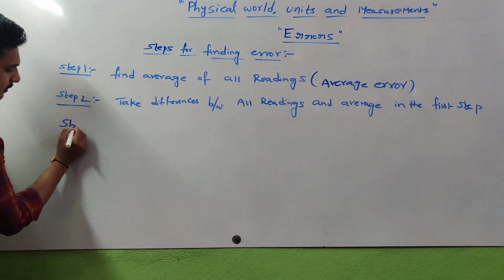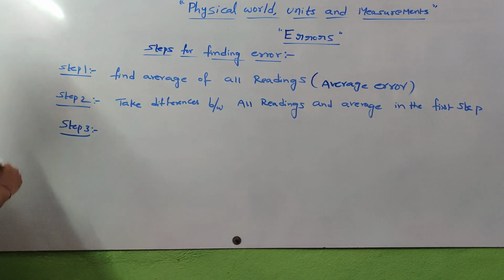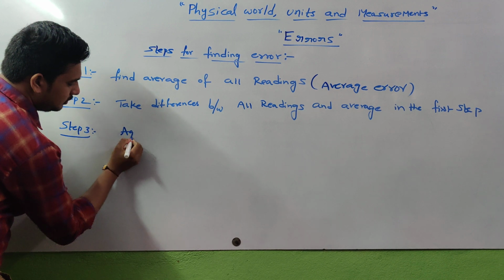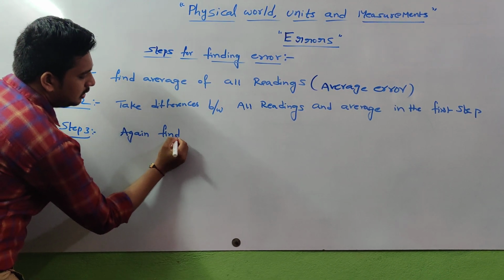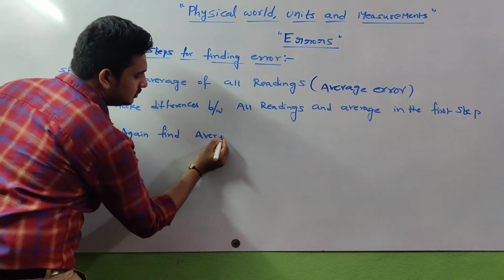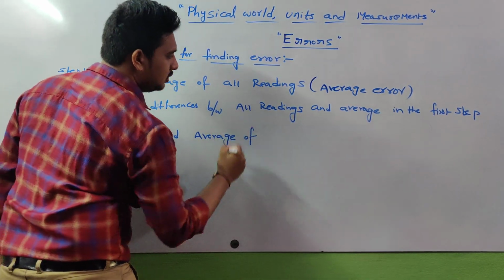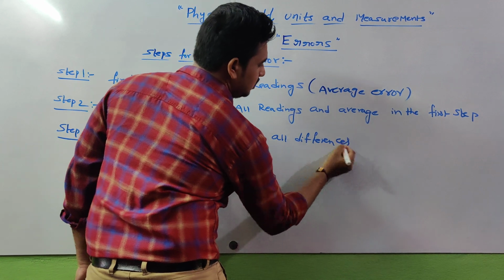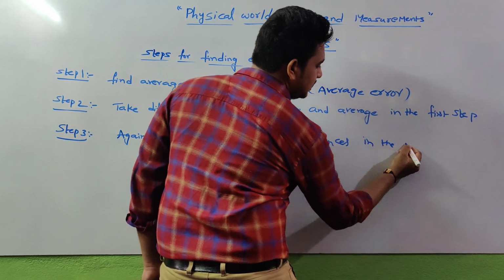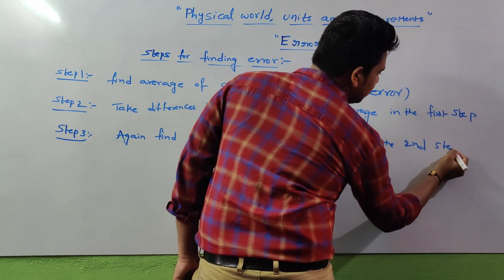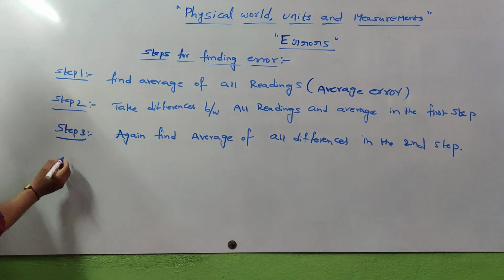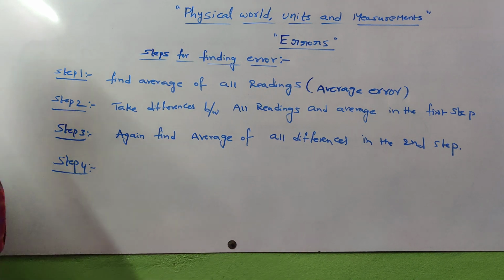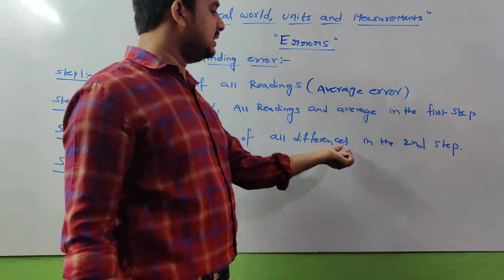Next, step 3: again find the average of all differences in the second step.